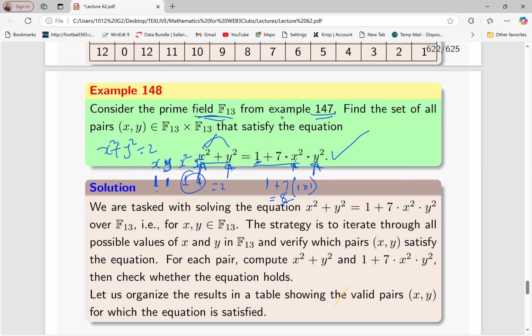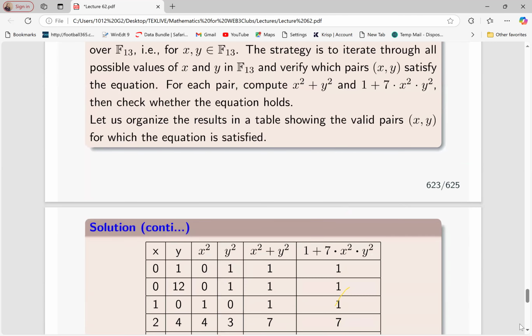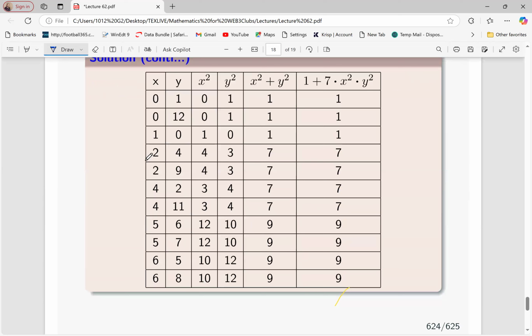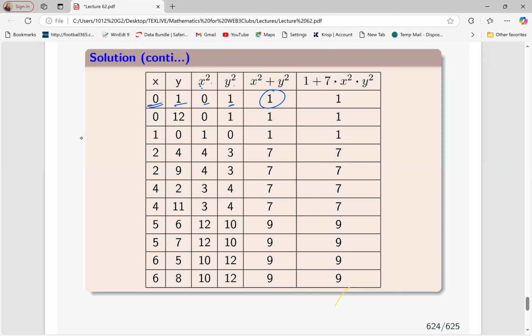So you check all pairs that will satisfy that condition. I did check, and this is what I got out. x can be 0 and y can be 1. So if x is 0, then x square will be 0 and y square will be 1. So the sum of x square and y square will then be 1. Good. So what about the right-hand side? 7 x square is 0.